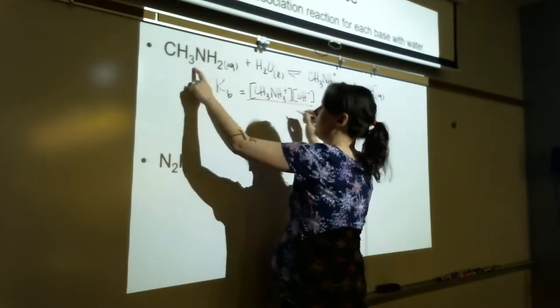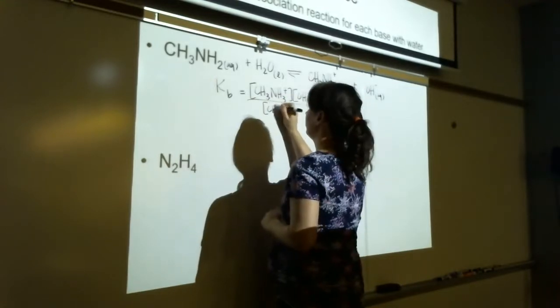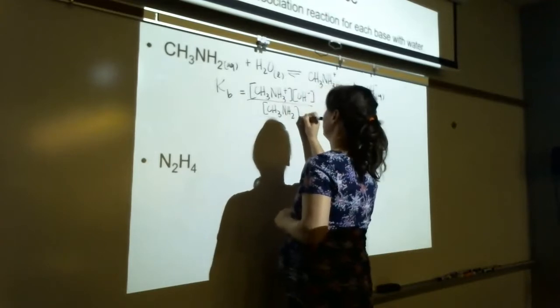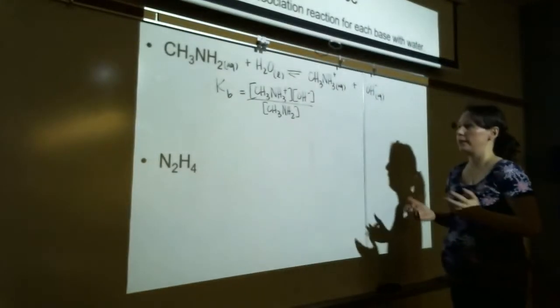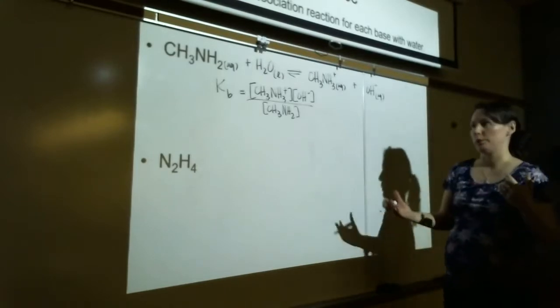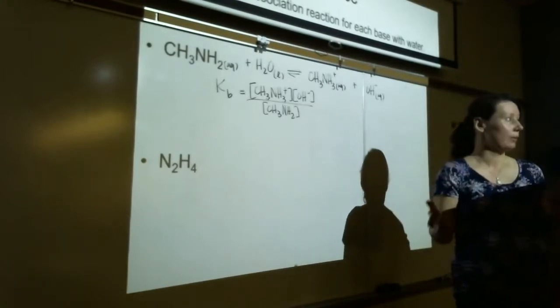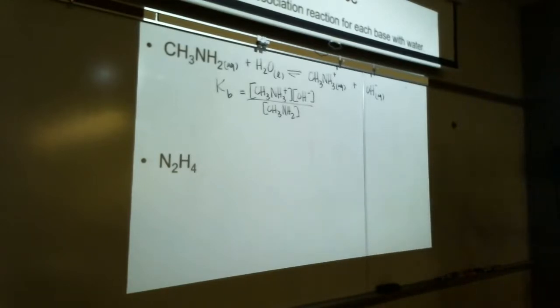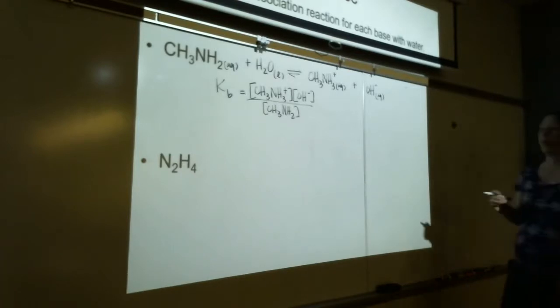All right, and then using our initial substance. So the equilibrium expression for a base is called Kb. Equilibrium expression for Ka would be for an acid. Now for a strong base, would you expect Ka to be greater than 1, excuse me, Kb to be greater than 1 or less than 1?